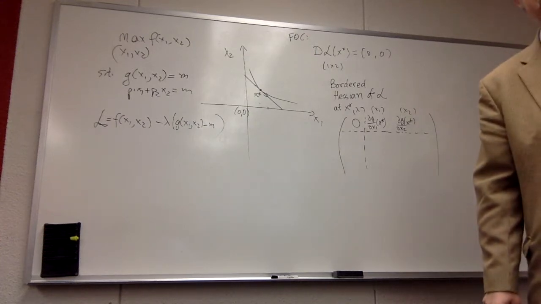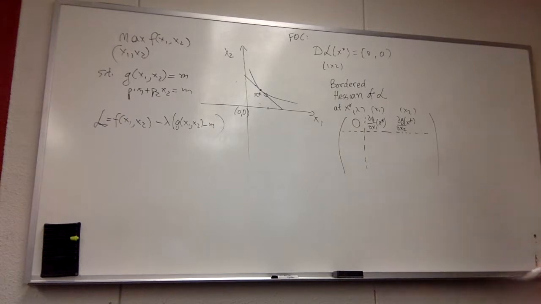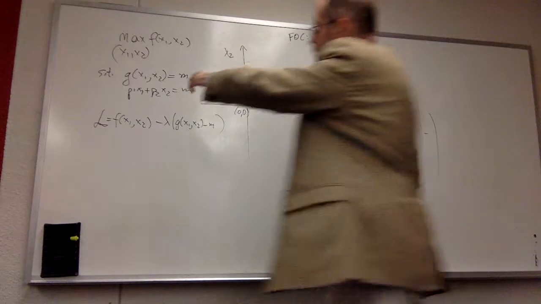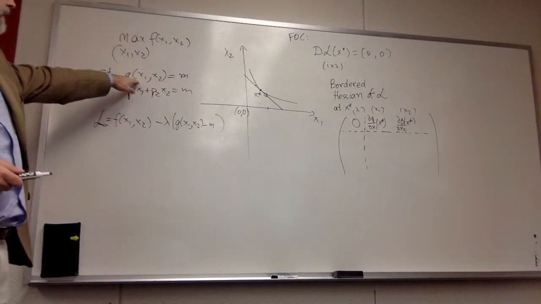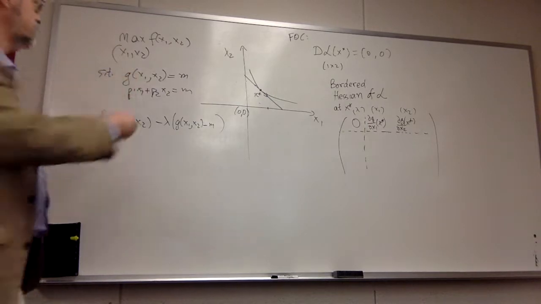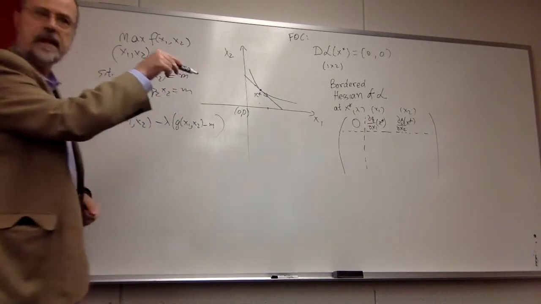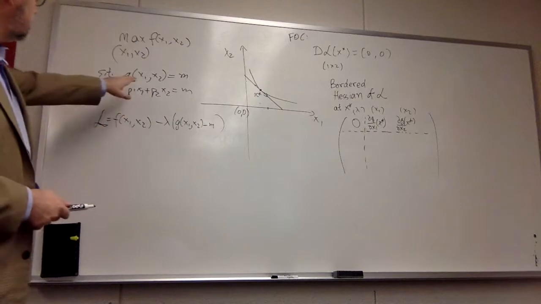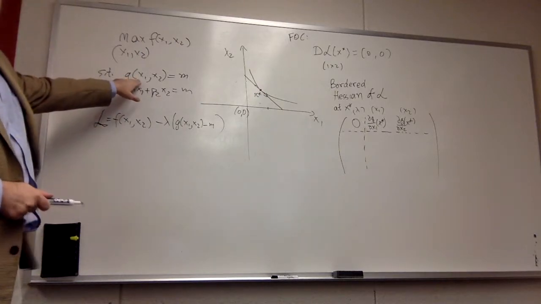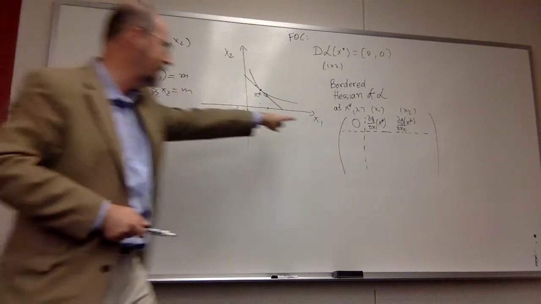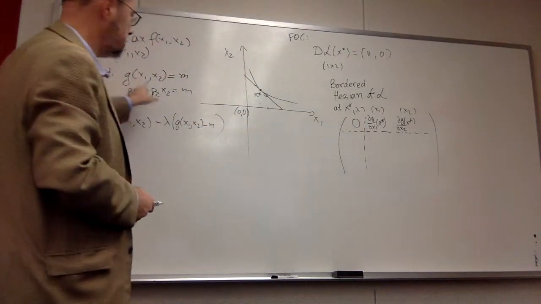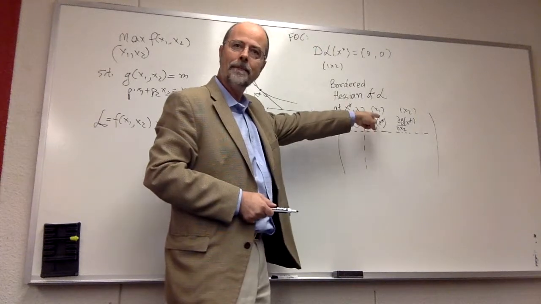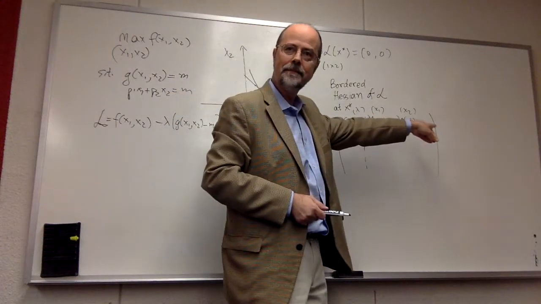It's not part of the mathematics, right? Labels for these columns. So, look at your constraint here. Take the derivative of the left-hand side, or actually the whole thing. You can write g of x minus m equals 0. Take the derivative with respect to lambda. Is there a lambda? No, there isn't. That's why you get 0 here. Take the derivative with respect to x1. All right, there you go. With respect to x2, there you go.